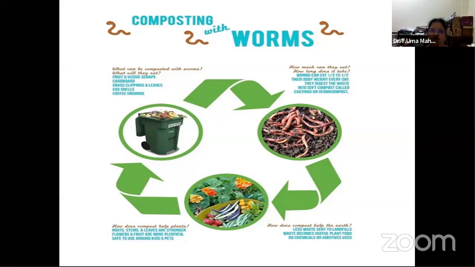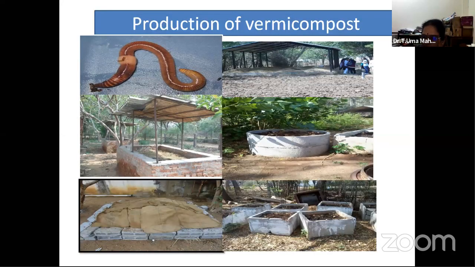Generally we have two or three procedures, but in general, whatever facilities we have in our university, we have different structures we can utilize for production of the vermicompost. Here are some pictures of what we have done in our department.